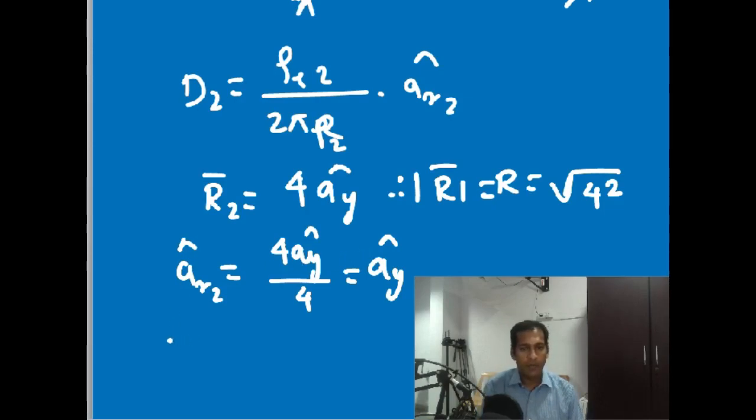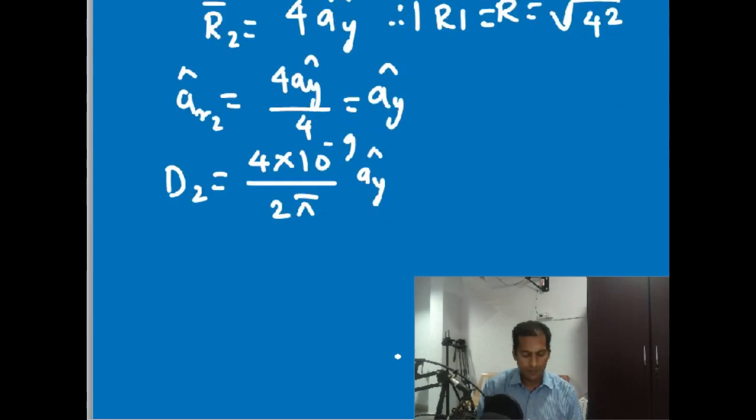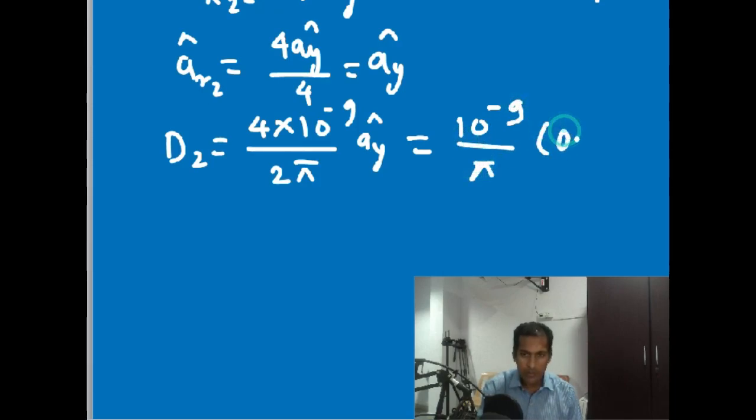So from here, after keeping values, we can get d2 is equal to 4 into 10 to the power minus 9 divided by 2 pi into ay cap. So upon solving, we'll get 10 to the power minus 9 by pi into 0.5 ay cap.